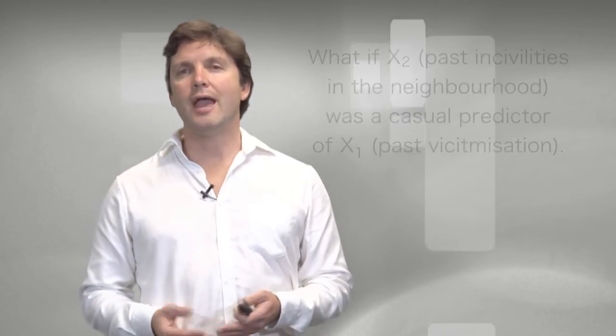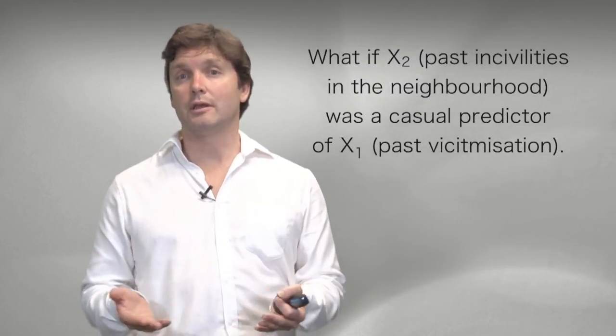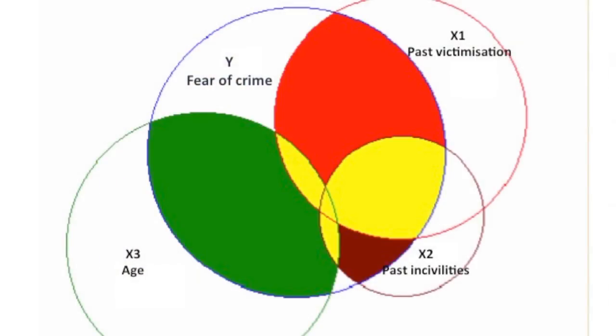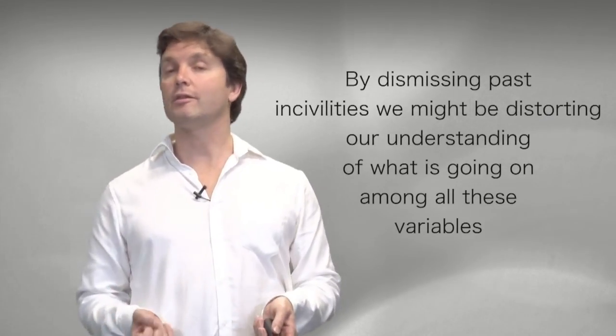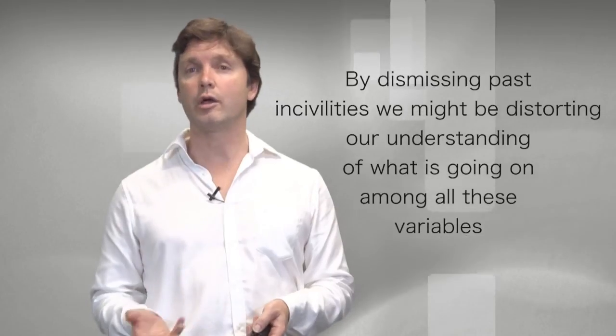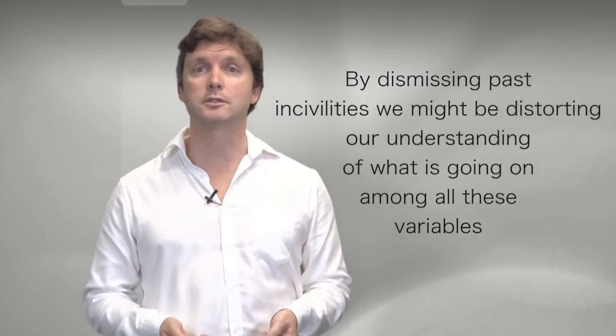But what if x2, or past incivilities in the neighbourhood, was a causal predictor of x1, which is past victimisation? In other words, what if past incivilities causes variance in past victimisation? By dismissing past incivilities, we might be distorting our understanding of what's going on among these variables.